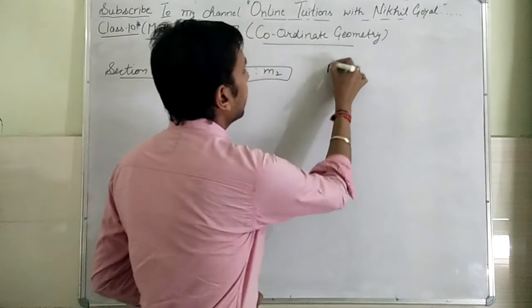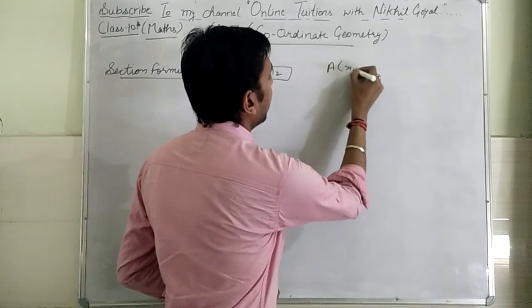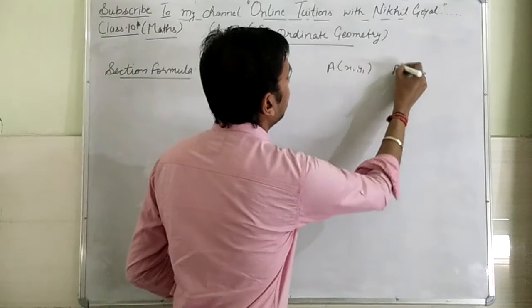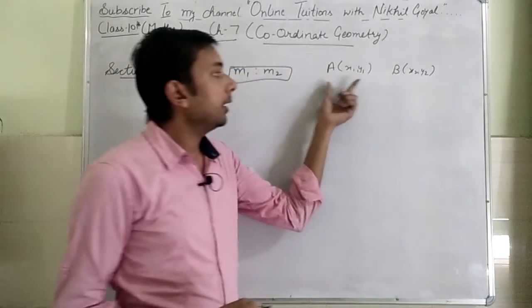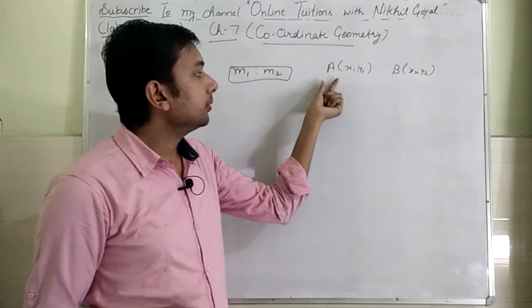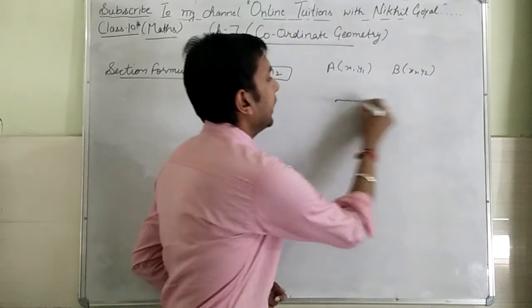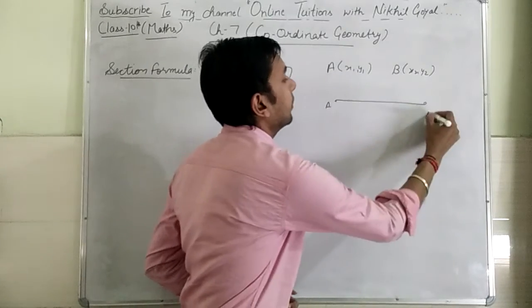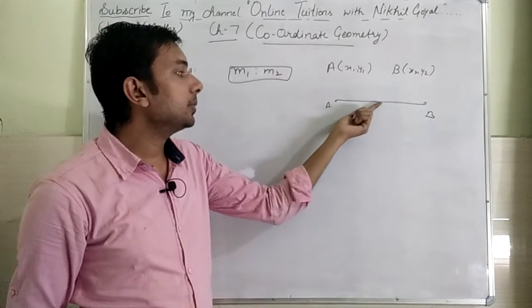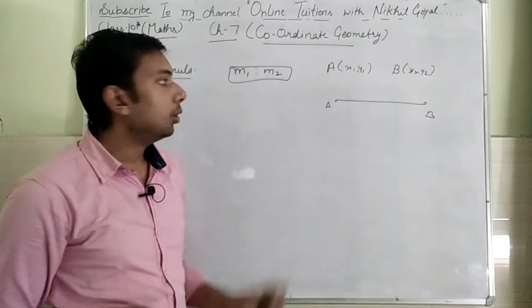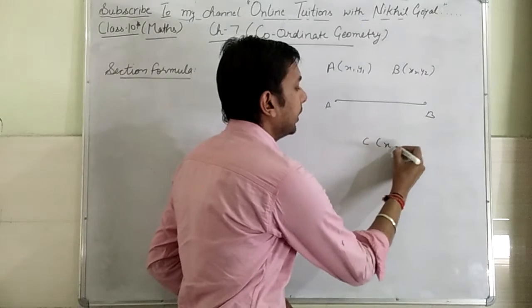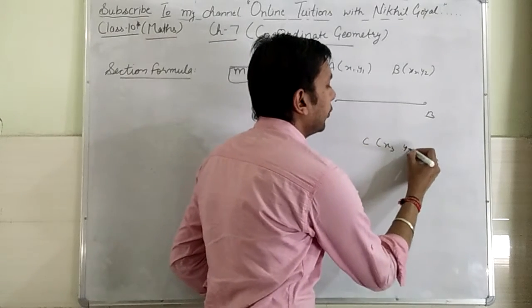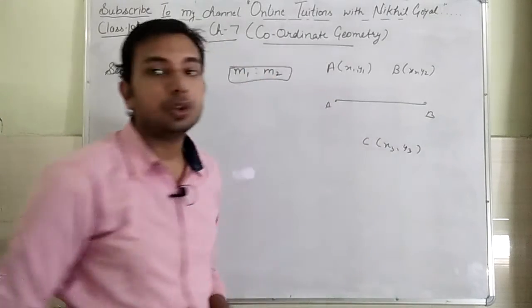And points A (x1, y1) and B (x2, y2) are given, and the line formed by joining A and B is divided by a third point C (x3, y3) in a specific ratio.